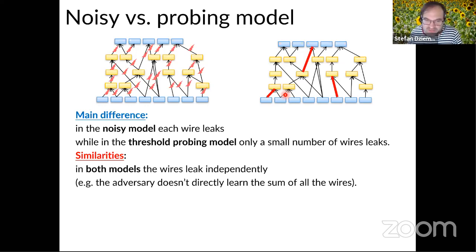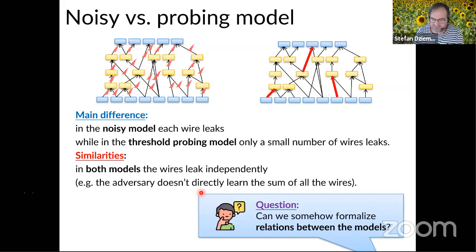There are some similarities, though, namely that every wire leaks independently. For example, we don't have anything like the sum of wires leaking, or the Hamming weight of the wires leaking. Every wire leaks independently. So this is a similarity, but there's this big difference that here some wires don't leak at all, and here every wire leaks.